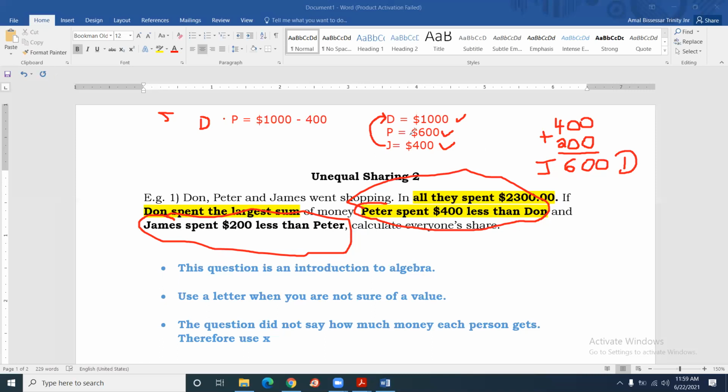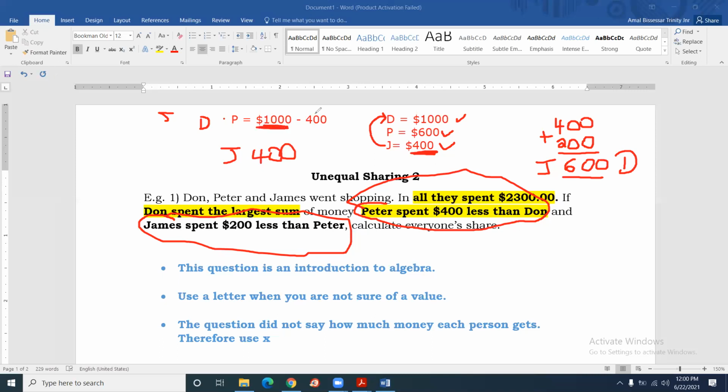If you tell me that Peter is $400 less than Don, and James is $200 less than Peter, then you are telling me that James is 4 plus 2, $600 less than Don. And if you look at my numbers, you will see James is 400, which is $600 less than my imaginary number 1,000.